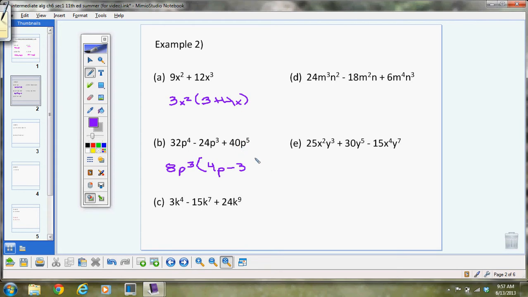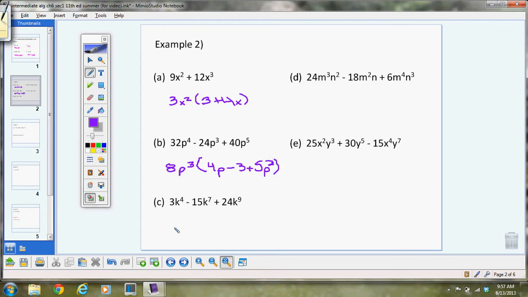Now the next one, we have 40 divided by 8, which is a positive 5. So we're going to have a positive 5. Now I have p to the 5th divided by p cubed. I'm taking out 3, so basically I'm left with a p squared. Then I'll close my parenthesis.